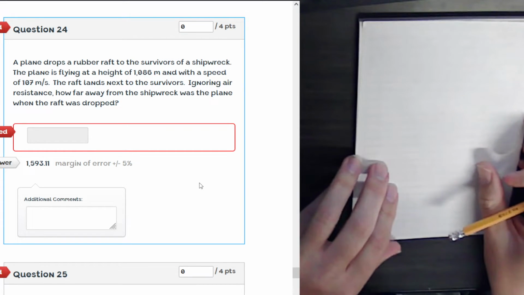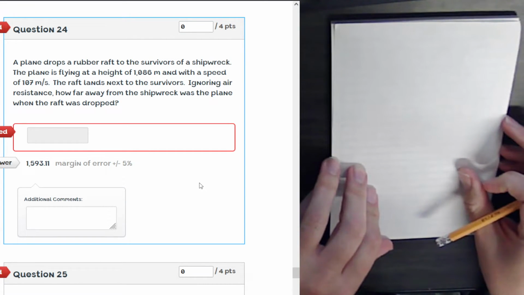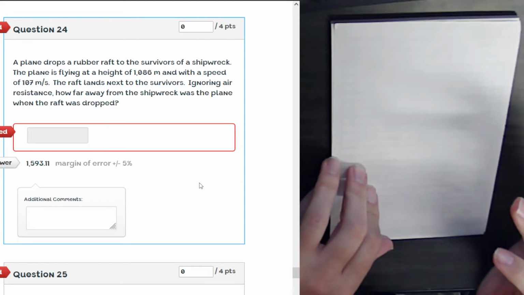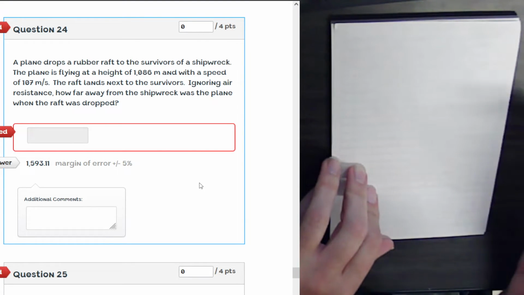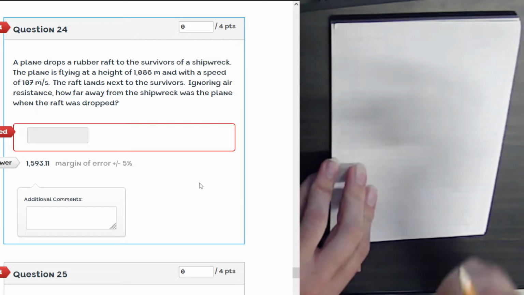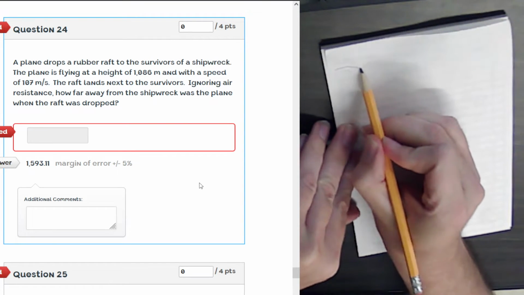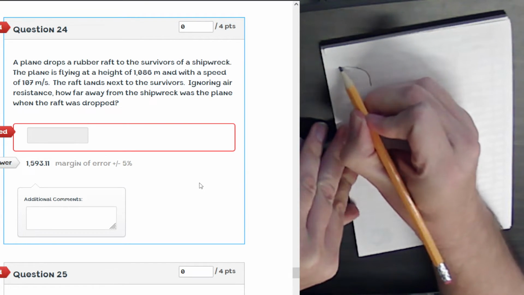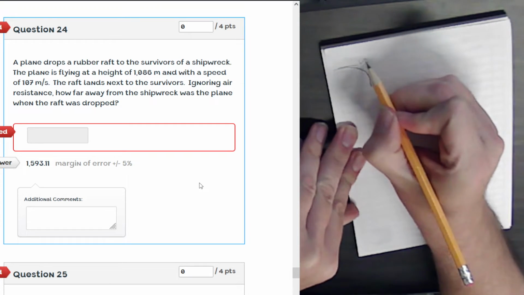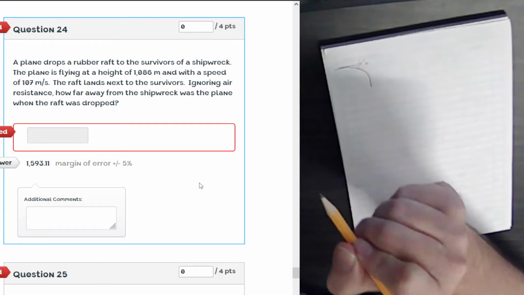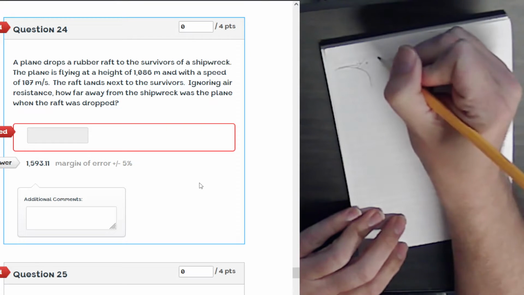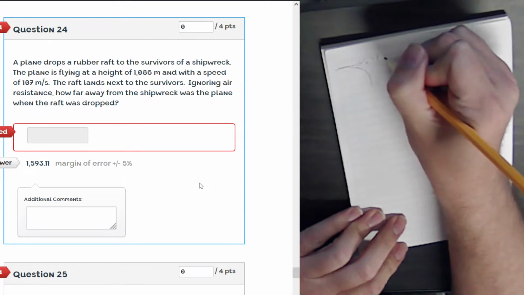The raft lands next to the survivors, ignoring air resistance. How far away from the shipwreck was the plane when the raft was dropped? So it's another horizontal projectile problem. So we know all of our velocity at this point is in the x, and the vy at that point would be 0. And it gives us our vx. It says it's 107 meters per second.